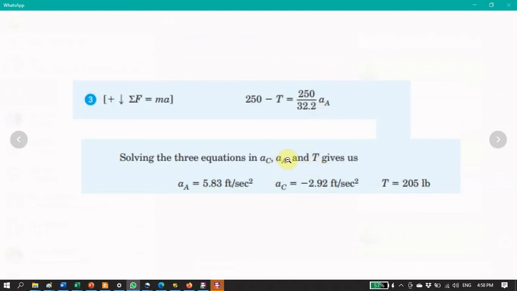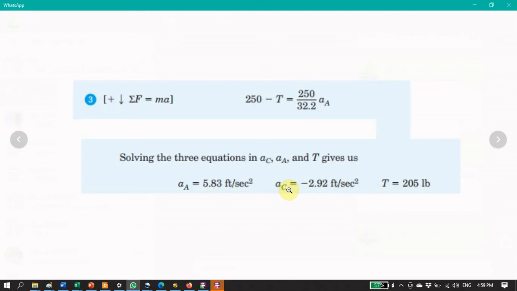And from this system of equations, the author managed to solve for the acceleration of the concrete block, which is positive a. This acceleration a of the concrete block is positive, right? And then we have the pulley acceleration, or the log acceleration, which is in the negative direction.